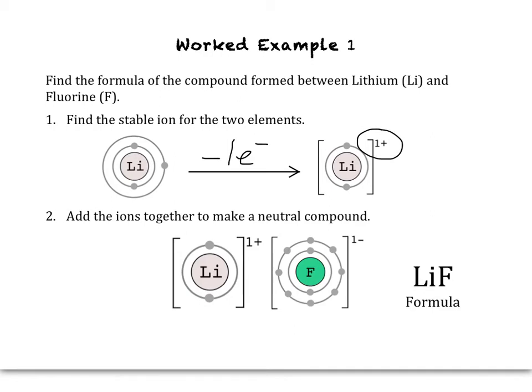Notice lithium is stable with 2 electrons in its outer shell, here its first shell. Fluorine, we know already, forms the stable fluorine 1- ion. The second rule is to combine the 2 ions together to make a neutral compound. In this case, just 1 lithium ion and 1 fluorine ion is neutral. The formula is therefore LiF.